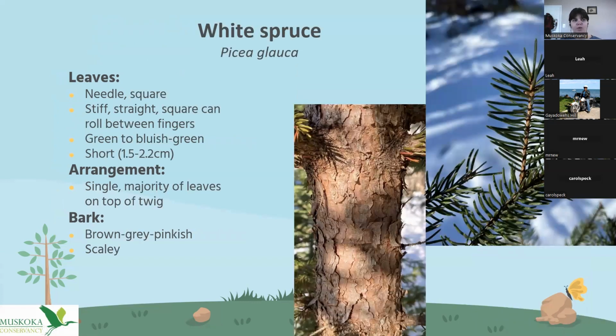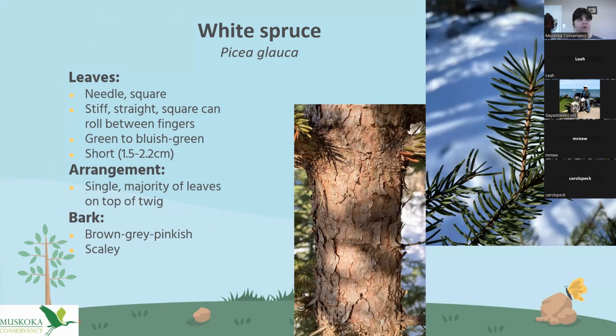Next is our white spruce, which is Picea glauca. It has needles, and they are the square shape. So in the photo, you might be able to see that they're a bit more ridgy to them. So you would be able to actually roll them between your fingers because of those ridges.